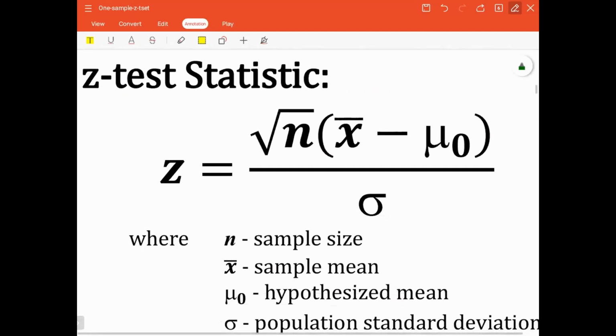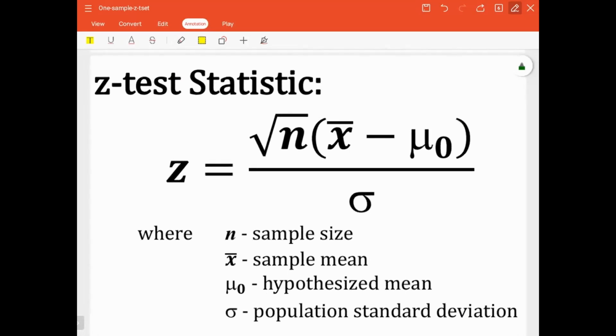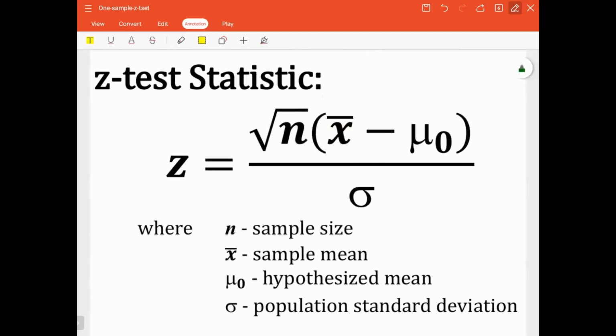Now, ito yung tinatawag nating z-test statistic. This is the formula that we'll be using when we conduct the hypothesis testing procedure. z is equal to the square root of n times the quantity x bar minus mu sub 0, or sometimes read as mu null, all over the denominator sigma.